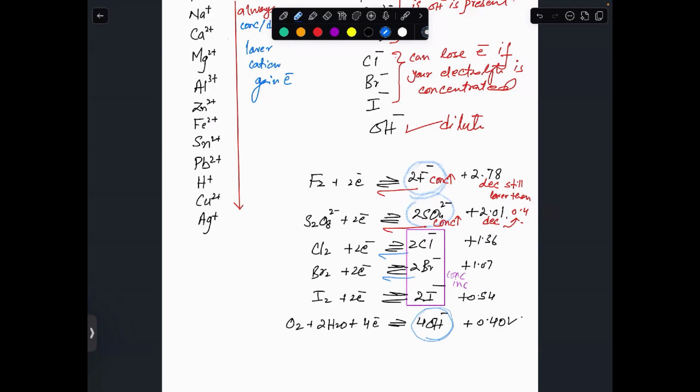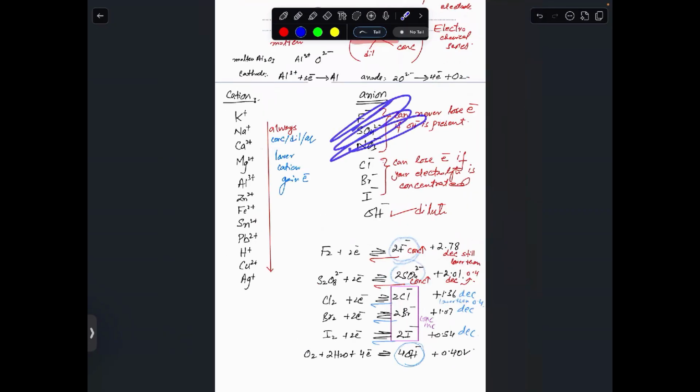Their E0 decreases and gets lower than 0.4. So if they are concentrated, their E0 value decreases and gets lower than 0.4. So these three can lose electron if it is concentrated, otherwise not.